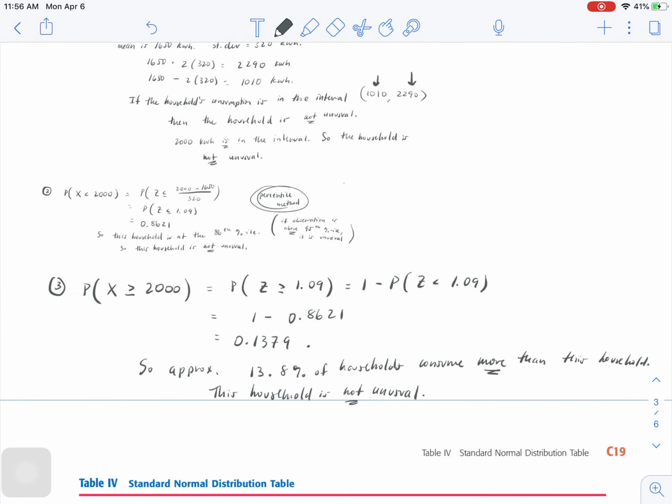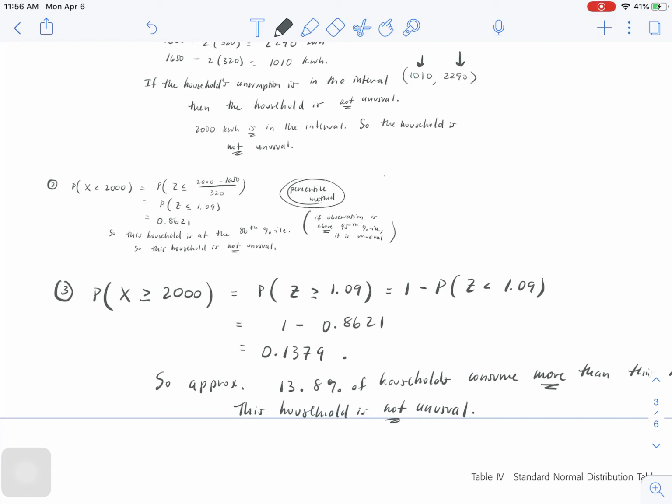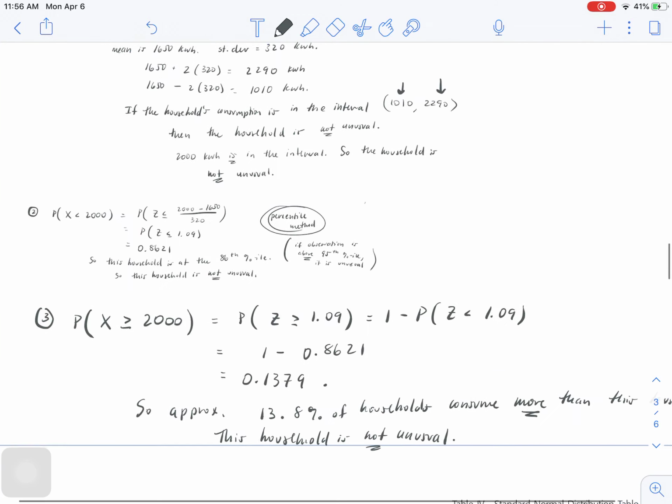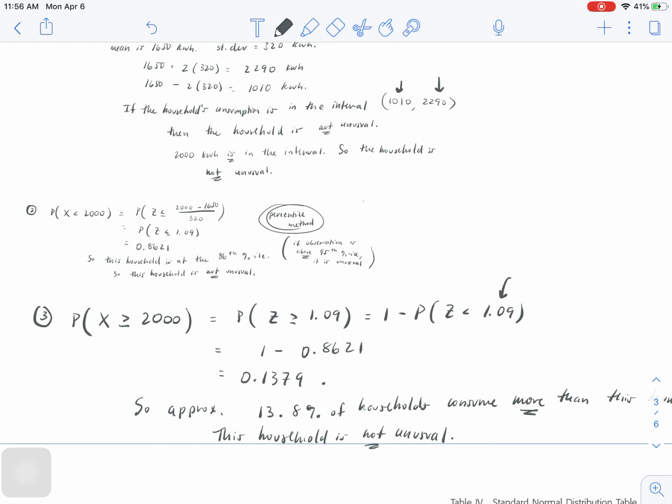The last thing to note is the z-score associated with consuming 2,000 kilowatt hours of energy, which is 1.09. What does a z-score actually represent?